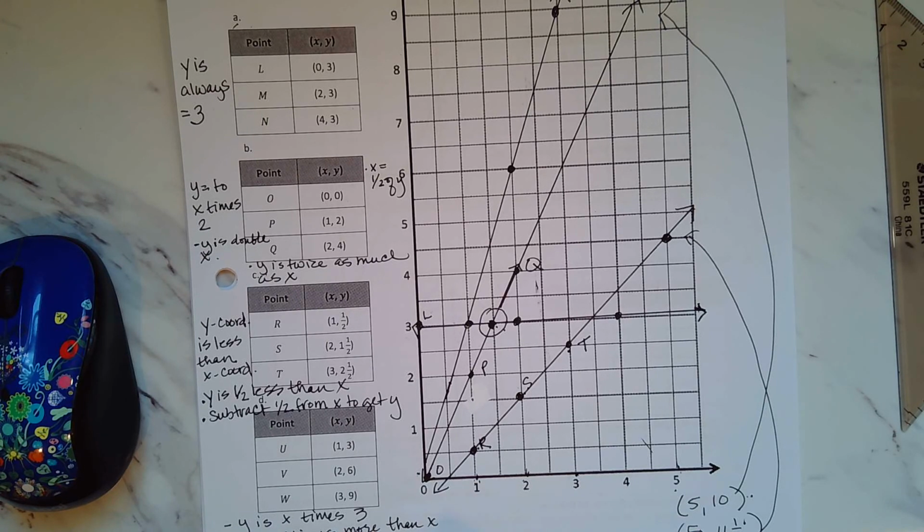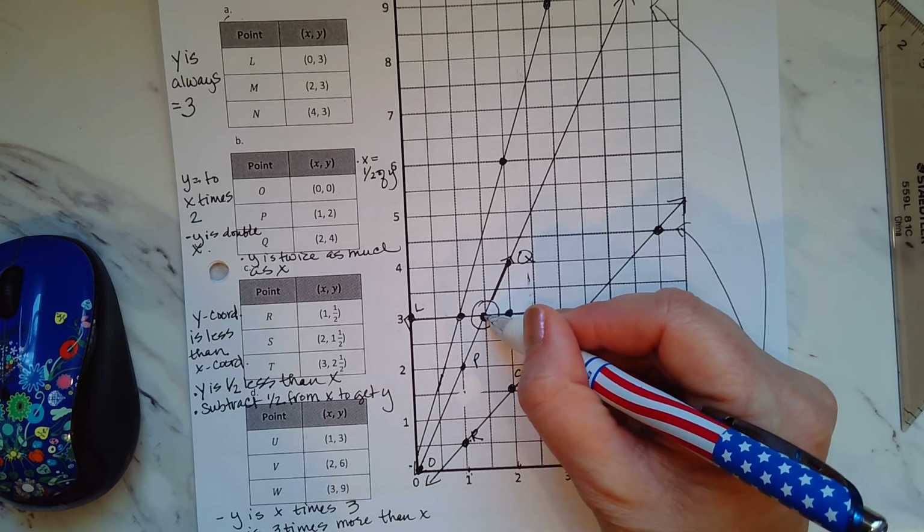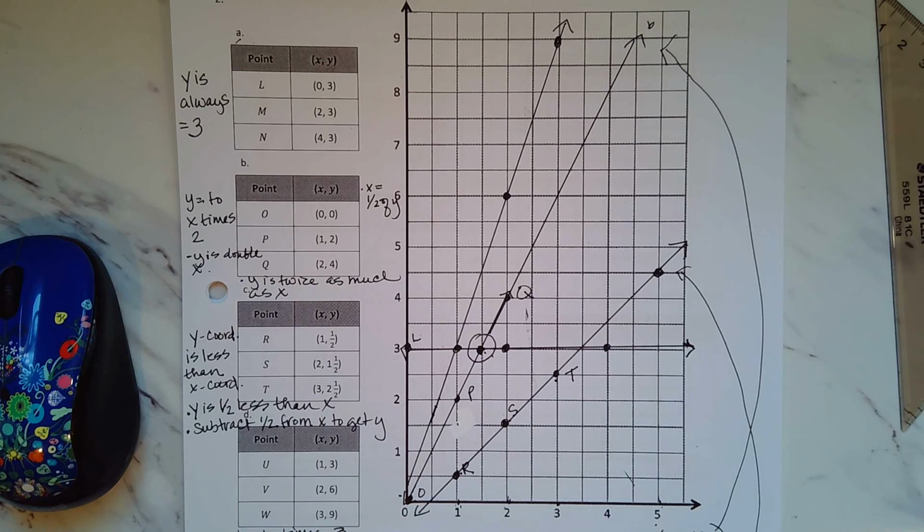Does that seem consistent with what we've seen when we looked at lines themselves? Well, yes, you can see both lines going through the same point. If a line intersects at the same point, that point can share two rules. So keep that in mind.